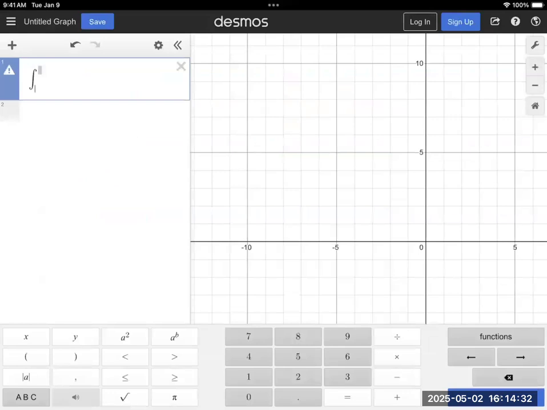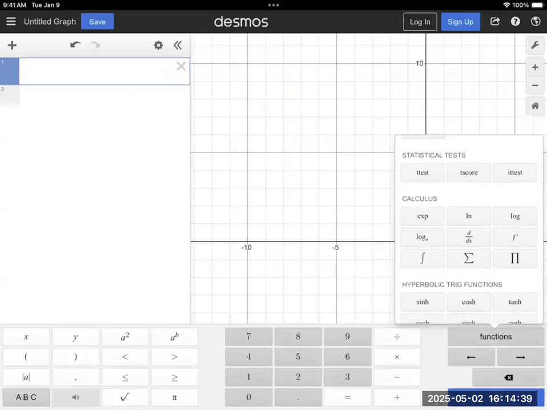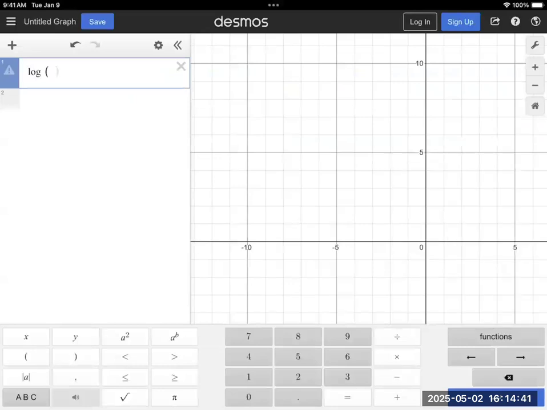Down to calculus. All right, so there's the log base a, and you can see the cursor is blinking in the base spot. So we wanted a log base 3. And then we're going to get into the parentheses and we're going to put the 15. We'll close those parentheses. And then we're going to divide everything by 2.